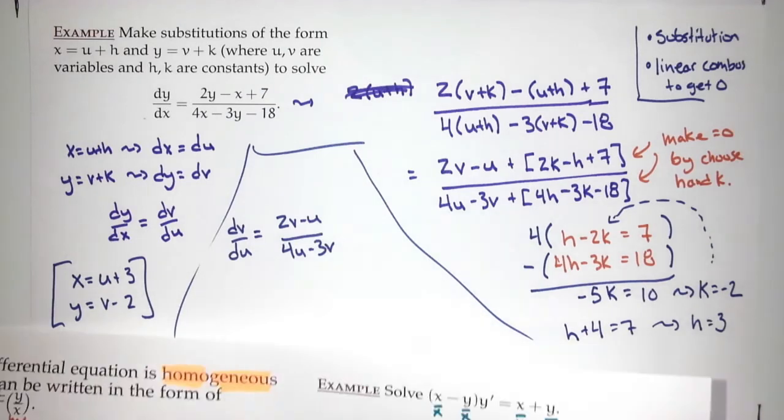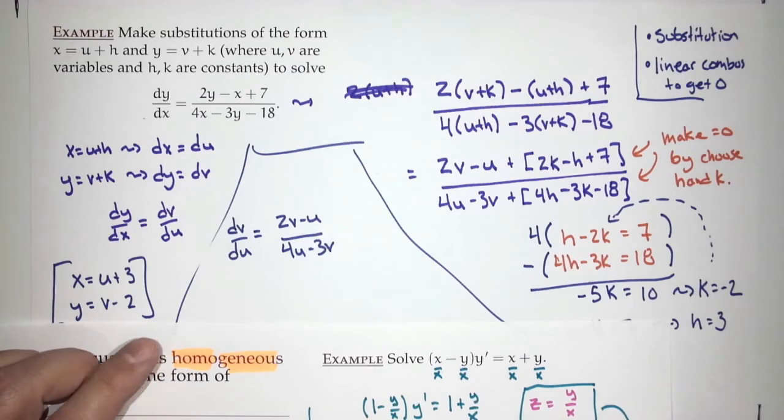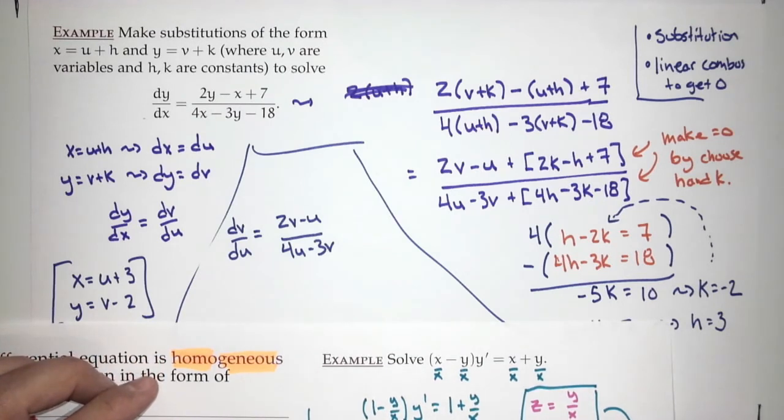Not separation yet. What could it be? What could it be? Oh, it could be homogeneous. Yeah, maybe it is homogeneous. Okay, now how could we tell if it was homogeneous? What would we need to have?